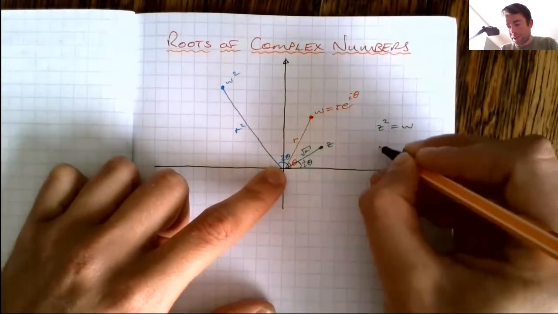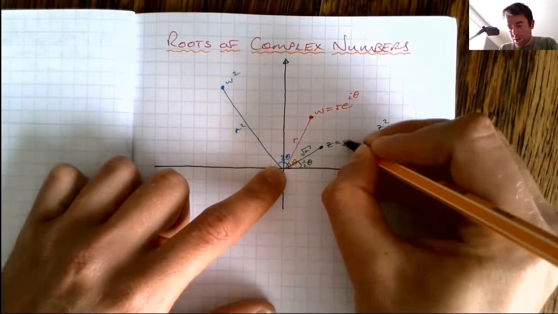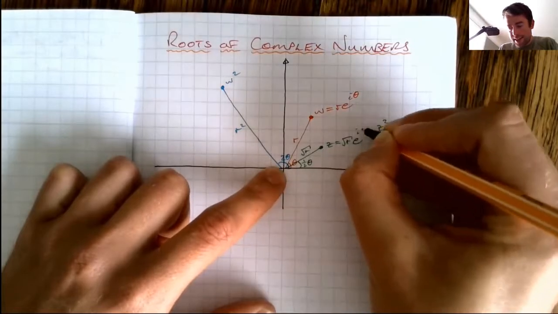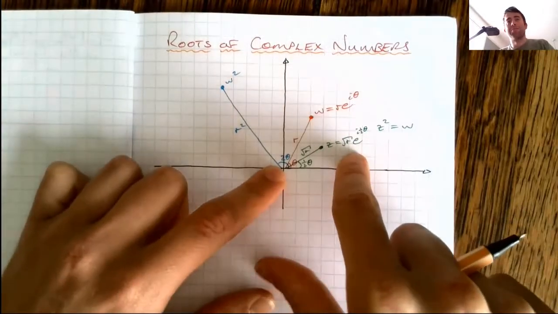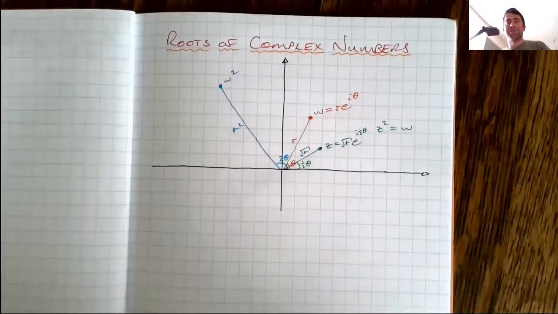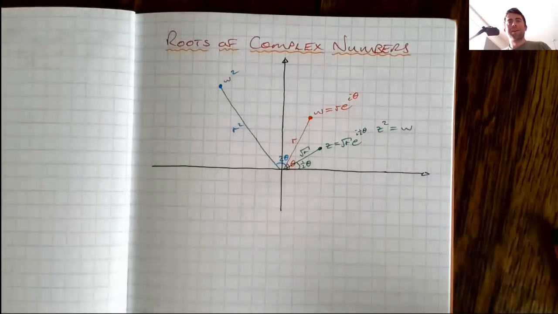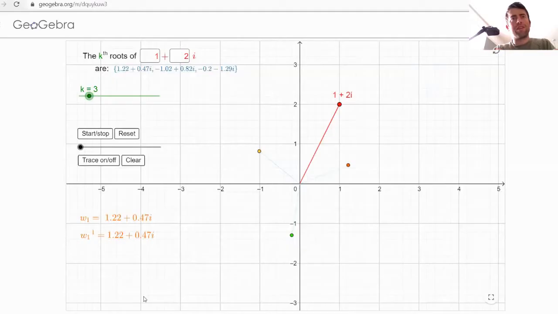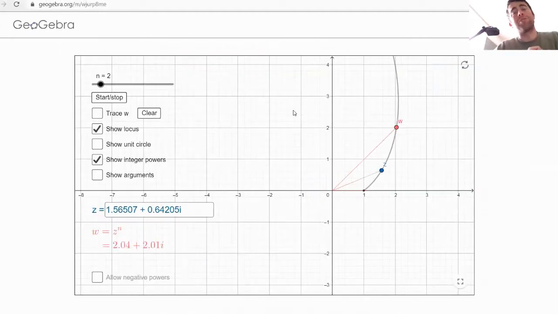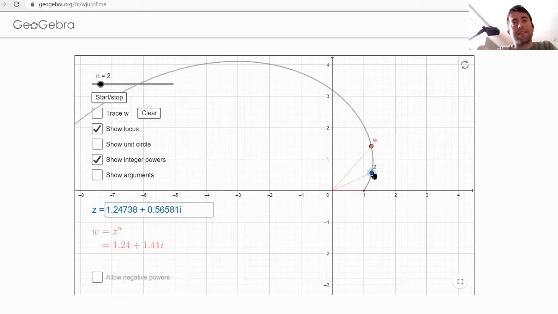So this would equal root r e to the i half theta. That there is a complex number that would square to give w. Let's show you that on GeoGebra. I showed you this setup last time where I have a complex number z and I can raise it to certain powers and we can see where those powers are.